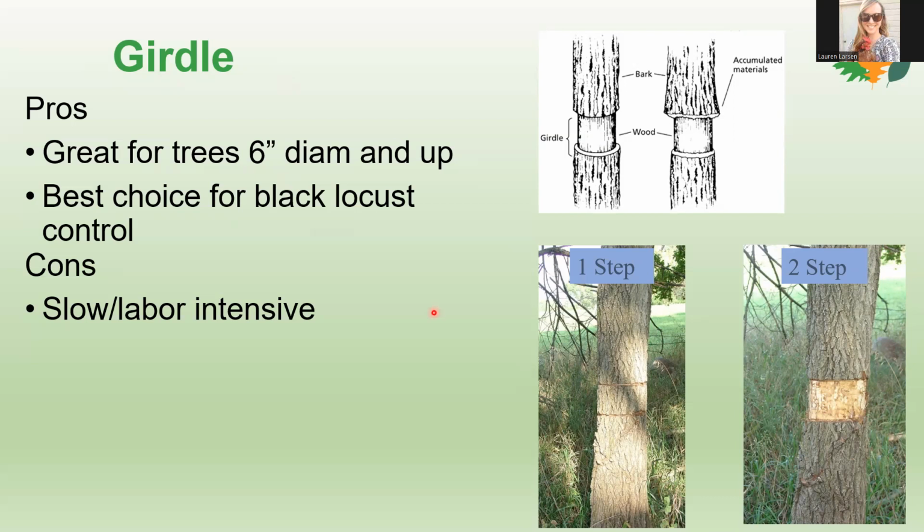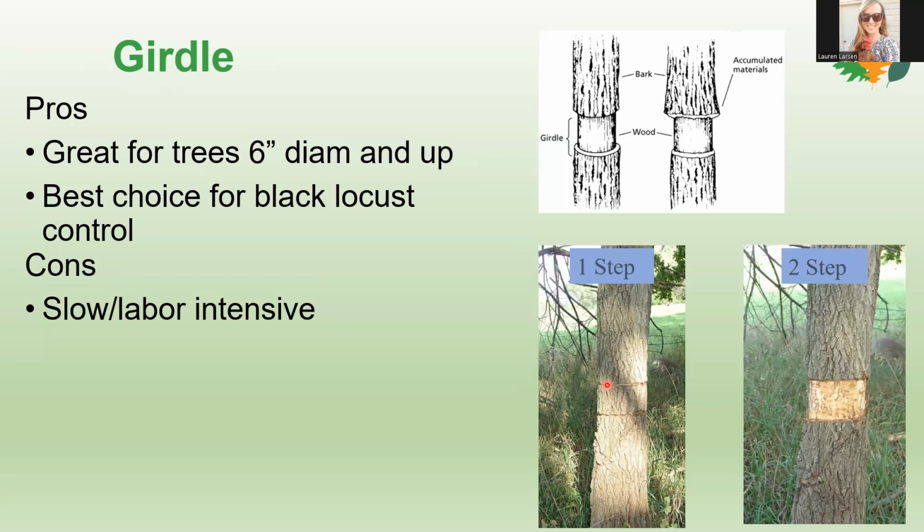So by girdling it, it kind of suppresses that a little bit. You do need to apply an herbicide though for this. These are black locusts in this picture too. Even if you cut it down and apply herbicide on the stump, it still just sprouts back like crazy.